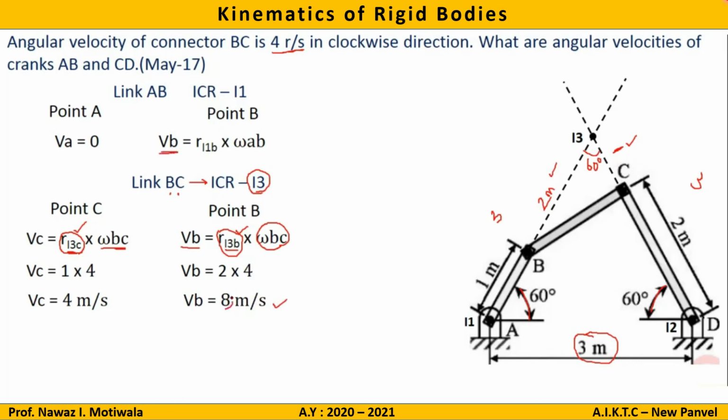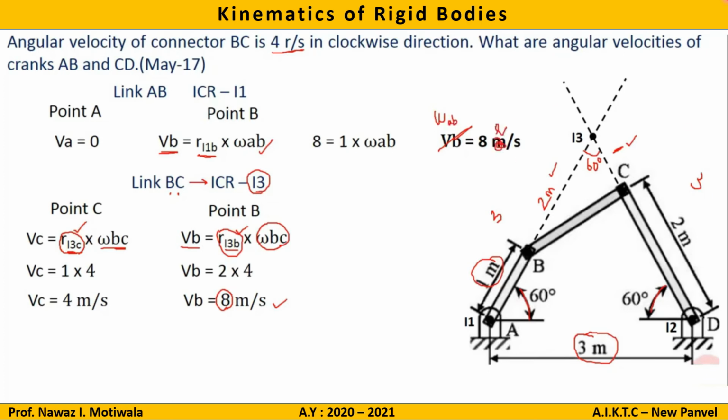We have already found out VB as 8 meter per second. I1B, I1 to B, is already given to us in the question as 1 meter. That means two things are known. Hence now I can find out omega AB. So I will write down 8 is equal to 1 into omega AB and I will get omega AB as 8 radian per second.